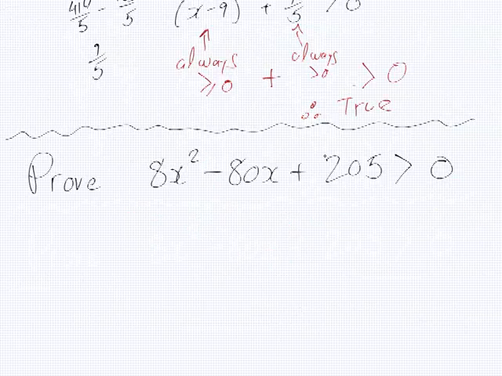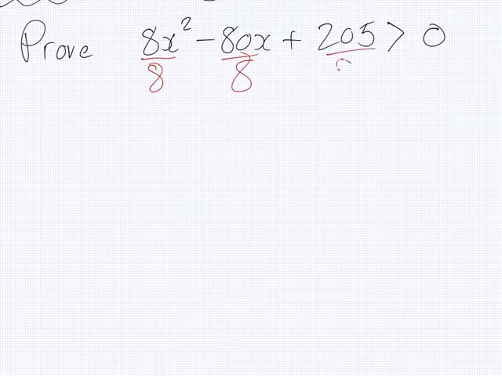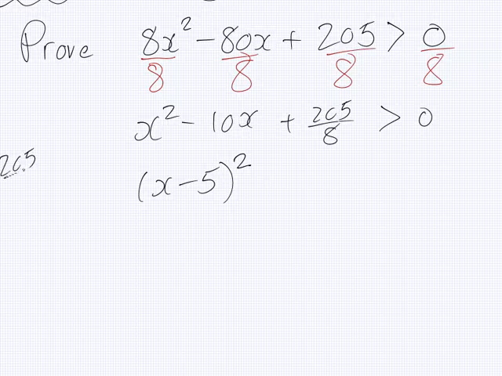Okay. So let's do this one. First, I divide everything by 8. So I get x squared minus 10x plus 205 over 8 bigger than 0. So I get x minus 5 squared, yeah. Now hang on, let's see, 205 over 8 minus 25. So that's 205 over 8 minus 200 over 8.